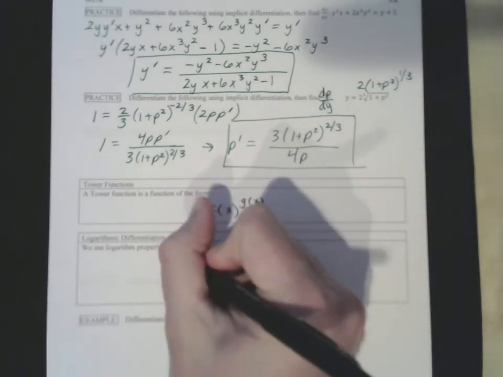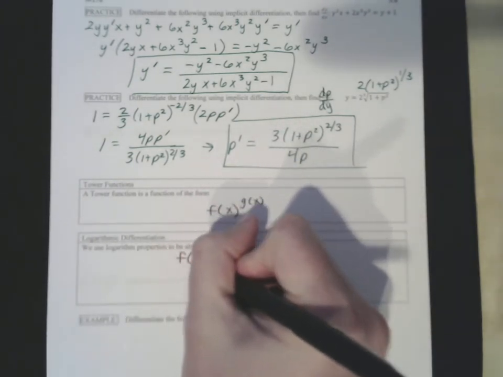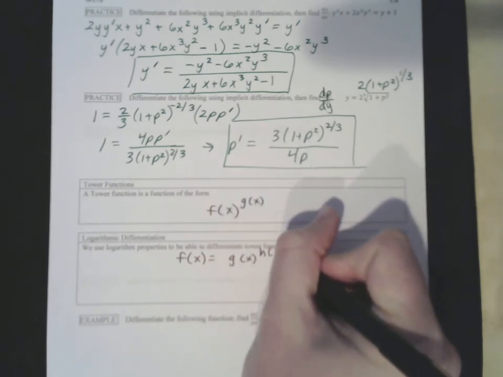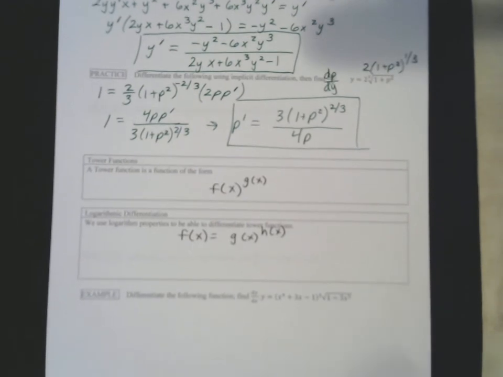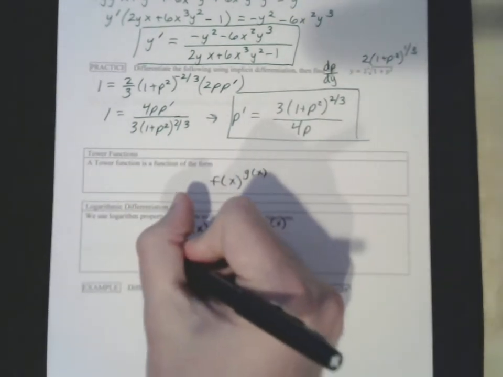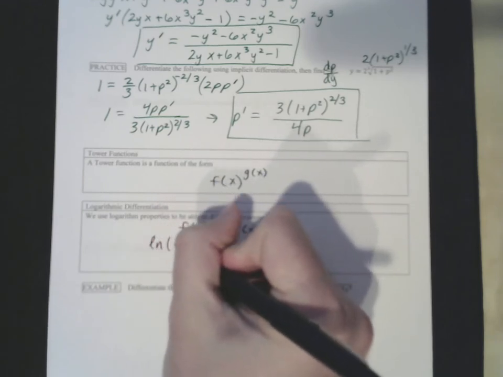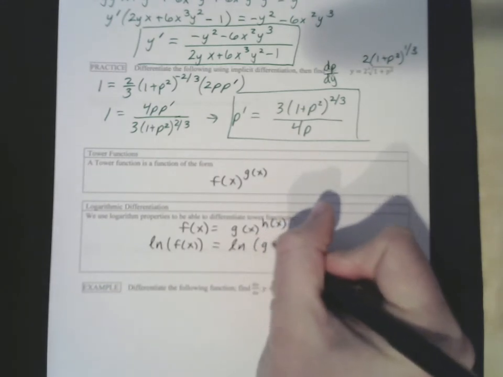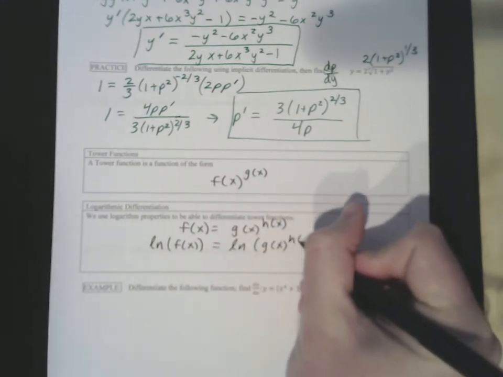So if we have f of x equals g of x to the h of x, logarithmic differentiation really means we're just taking a log of both sides, and the log we always pick is ln. So ln of f of x equals ln of g of x to the h of x.